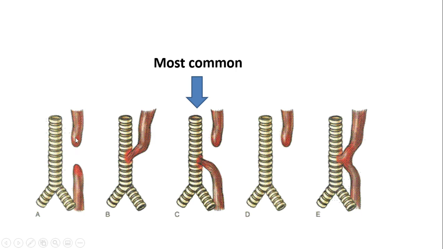Here, two upper and lower atretic cords without tracheoesophageal fistula. In this type, the type B, there is only upper tracheoesophageal fistula without atresia. The most common one is upper atretic esophageal cord and lower tracheoesophageal fistula.